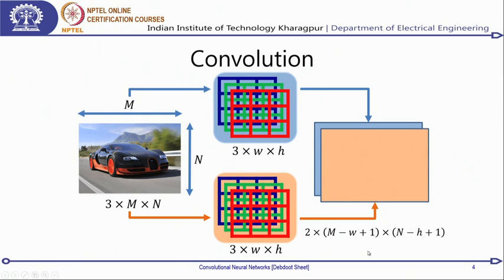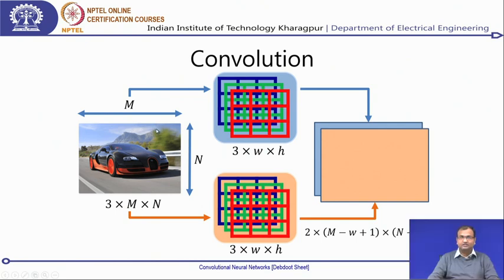Now comes the width and height concept. If you recall from your understanding of convolutions, there is something called the full width convolution. Say you take this whole block over here, which has a width of w and a height of h.